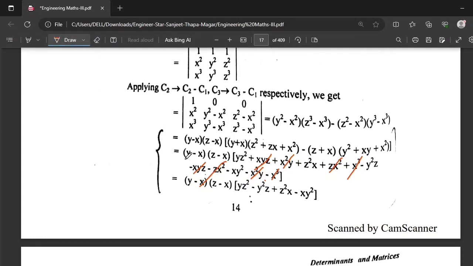Now the remaining is y minus x, z minus x, and yz square, z square x, minus y square z, finally minus x y square.